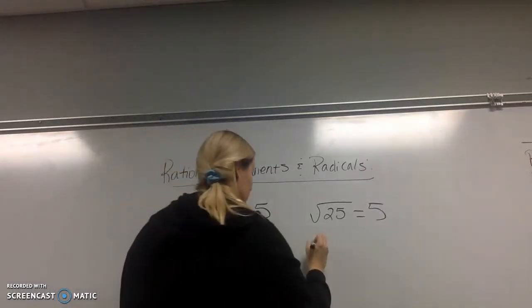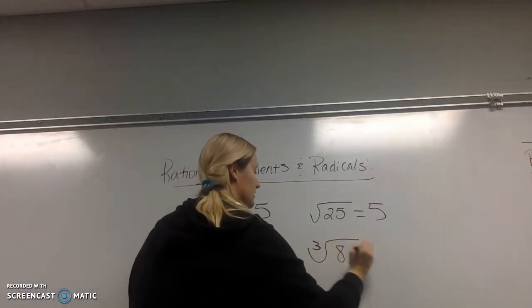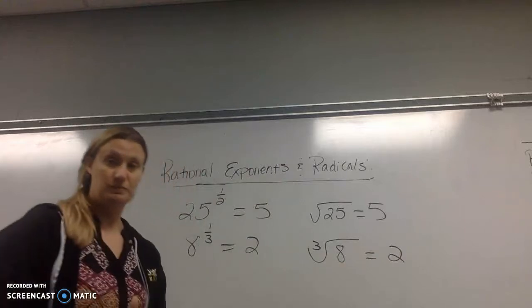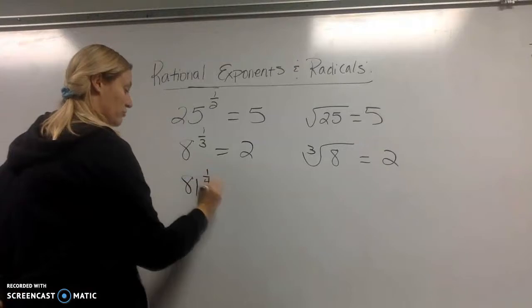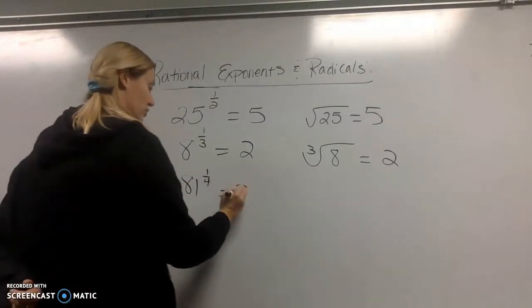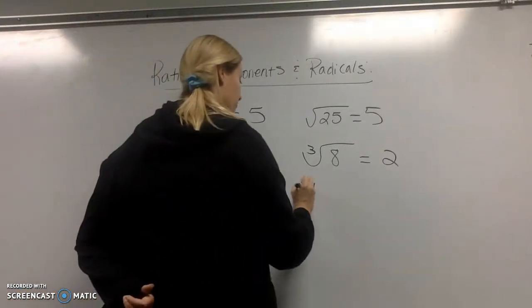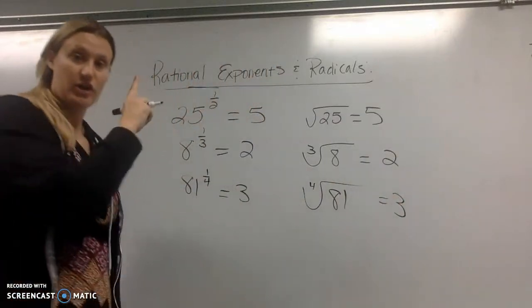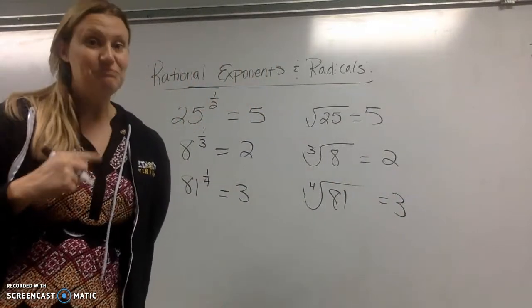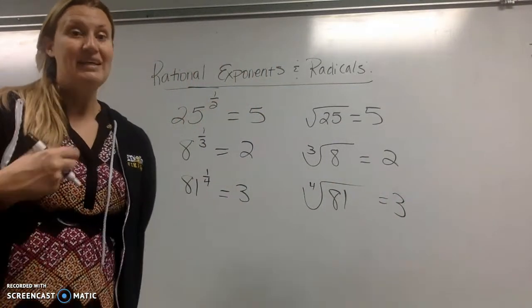You may or may not know the cube root of 8 is also 2, okay? And I'm going to give you another example. 81 to the 1/4 power is 3, and the 4th root of 81 is 3. Do you see a pattern here? I sure hope that you do.